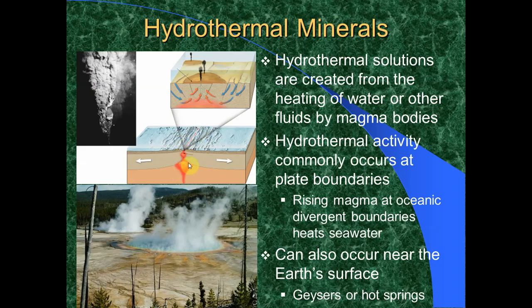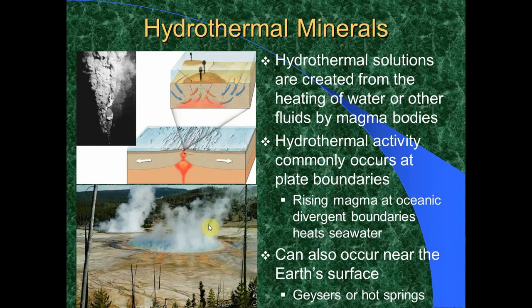Well, this magma is also going to heat the seawater that's present in these rocks. And so that hot fluid then is going to circulate in these areas, physically and chemically changing the existing minerals into hydrothermal minerals. Okay? Now this is the most common location.